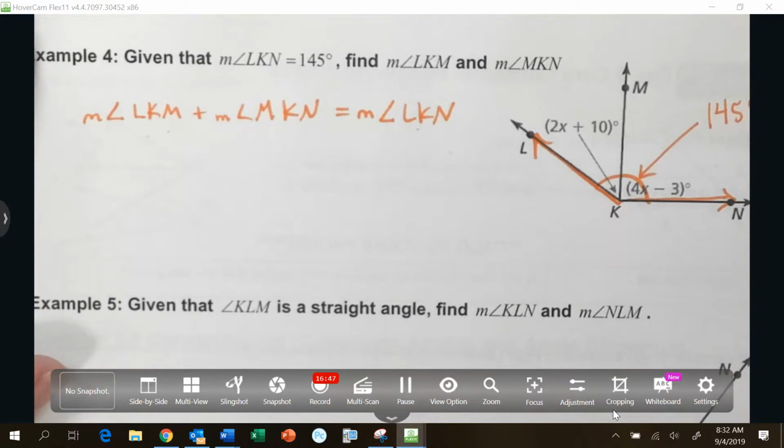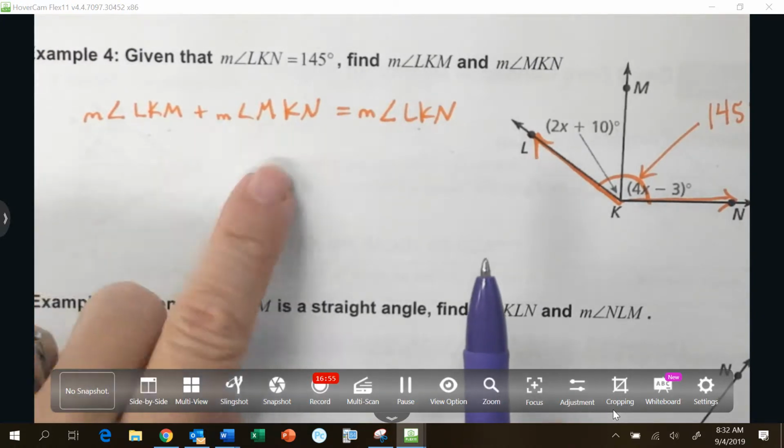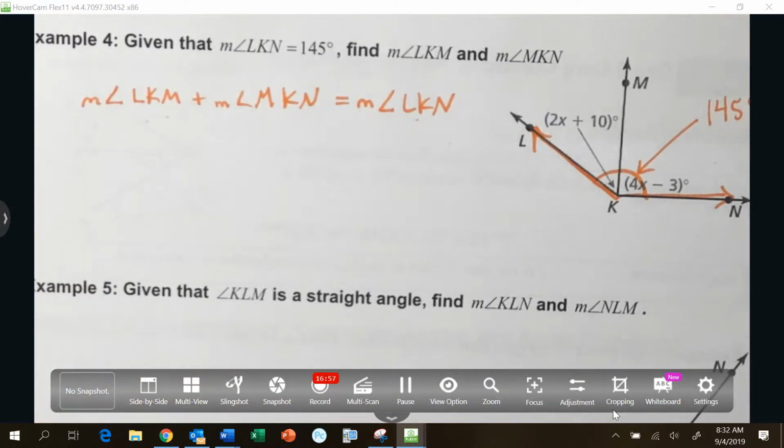Can you guys tell me why I'm allowed to do that? Why I'm allowed to add these together and have it equal the big angle?